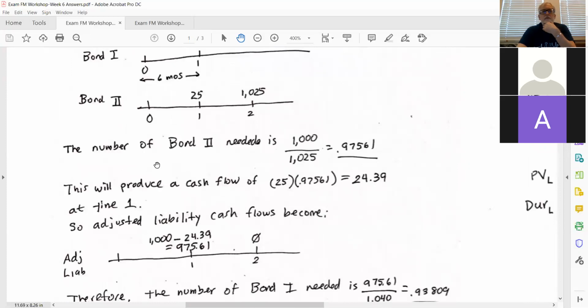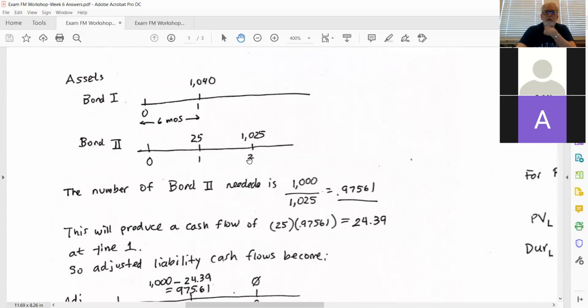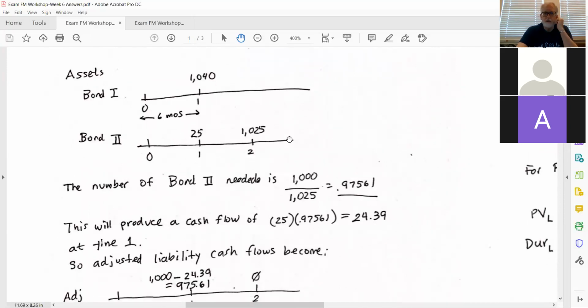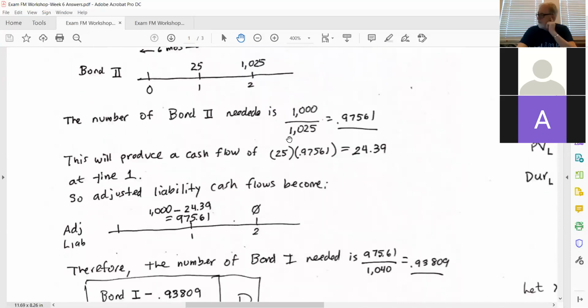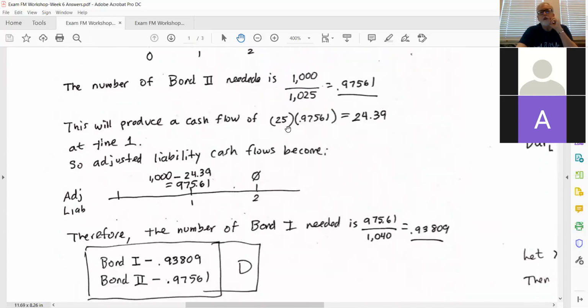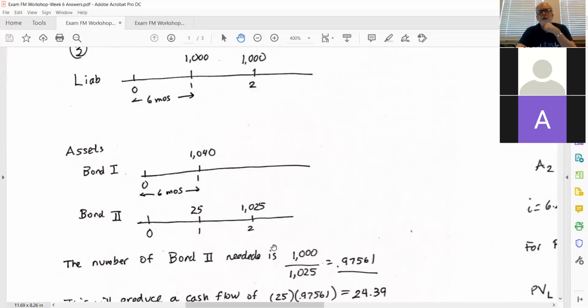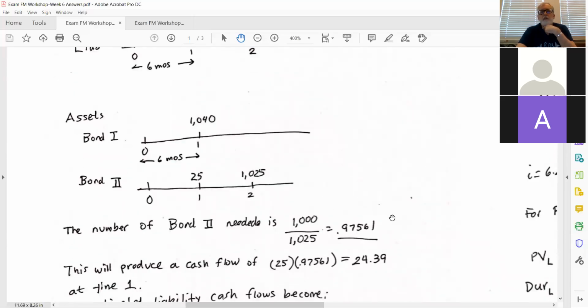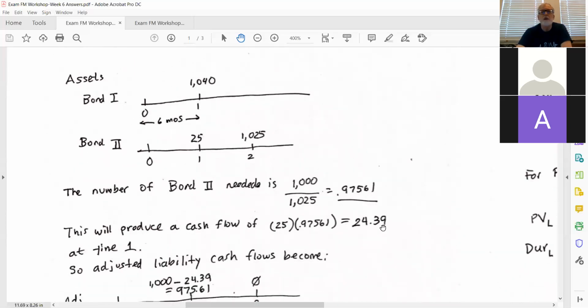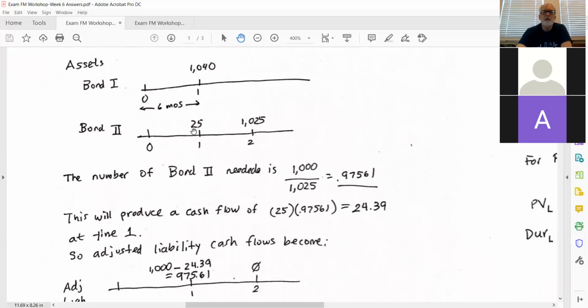No. So the question is, calculate the number of bond 1 and the number of bond 2 needed to exactly match the liabilities. And so you probably see the pattern by now. We need 1,000, we have 1,025. So we need 0.97561 of the 2-year bonds. That'll generate 0.97561 times 25 in coupons.